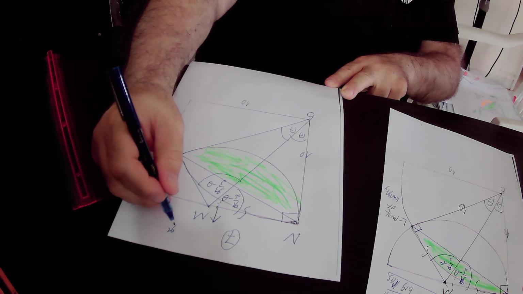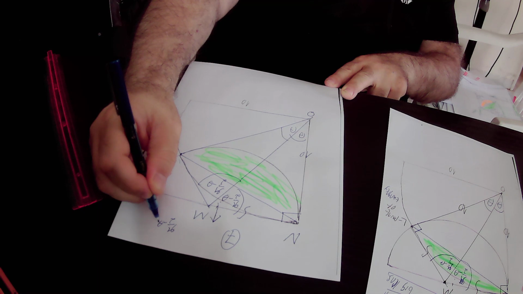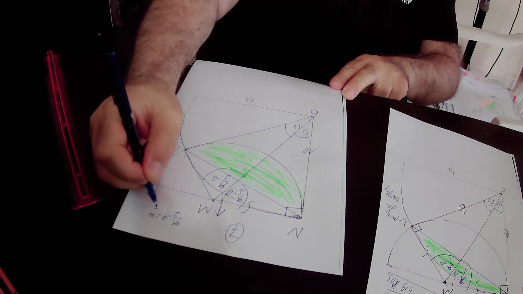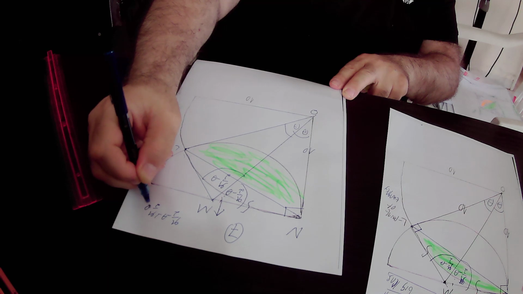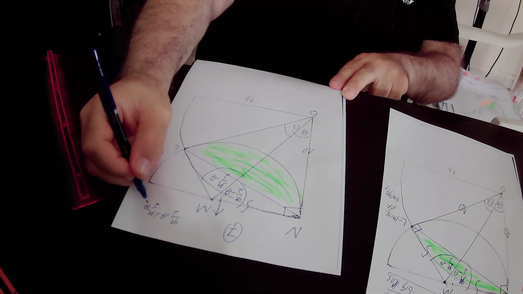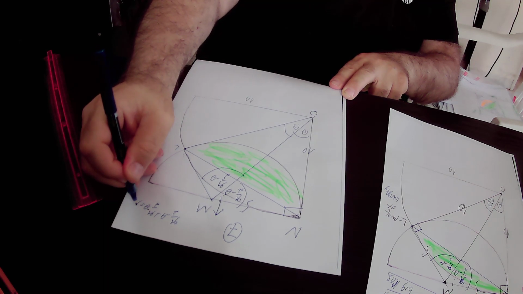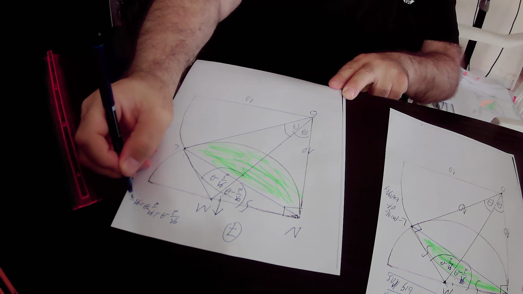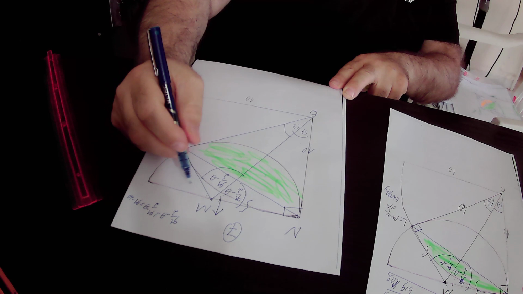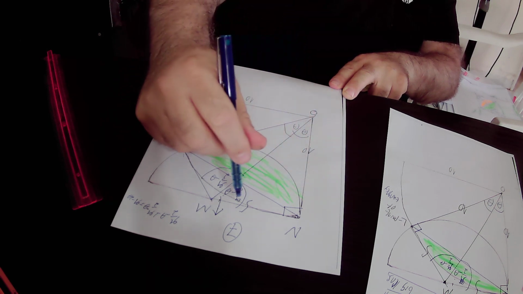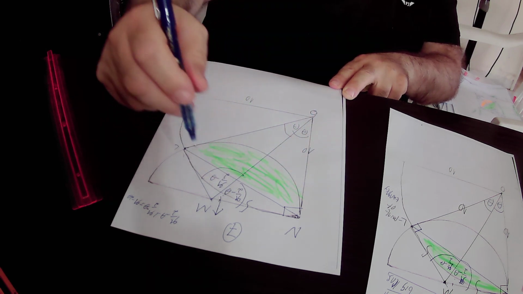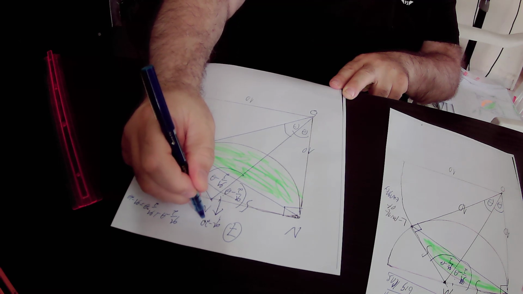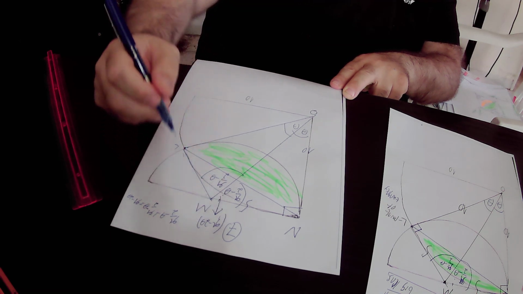This is pi over 2 minus theta plus pi over 2 minus theta. Pi over 2 plus pi over 2 is pi, and minus theta plus minus theta is minus 2 theta. So in conclusion, the size of angle NML equals pi minus 2 theta. Okay.